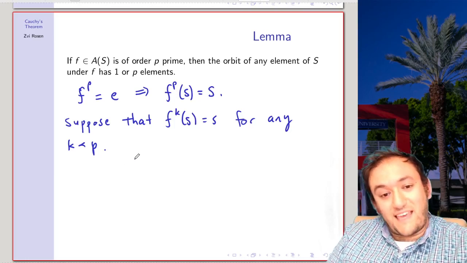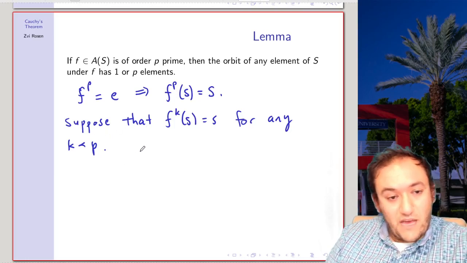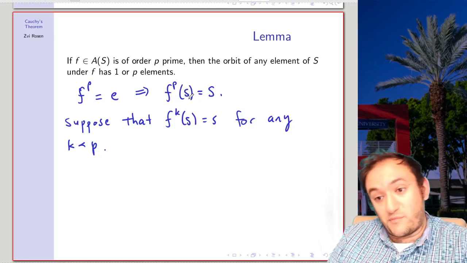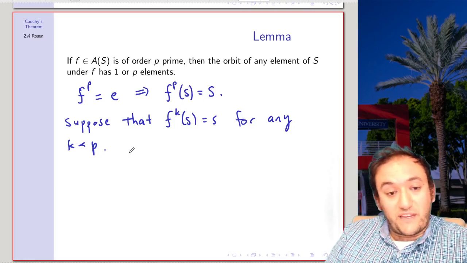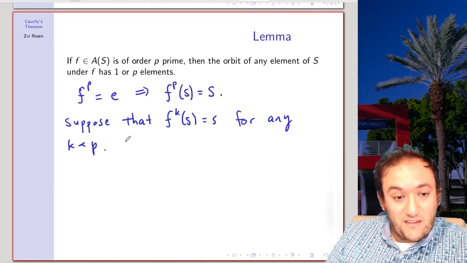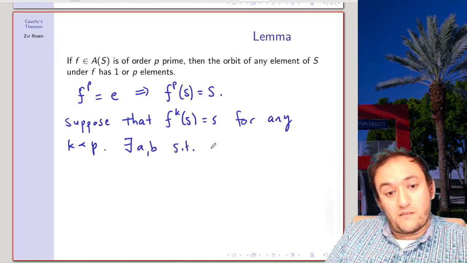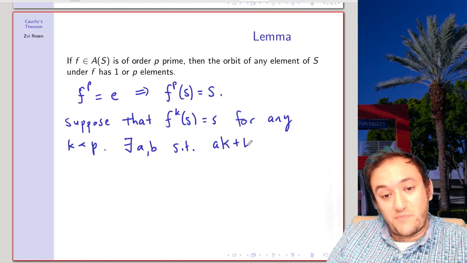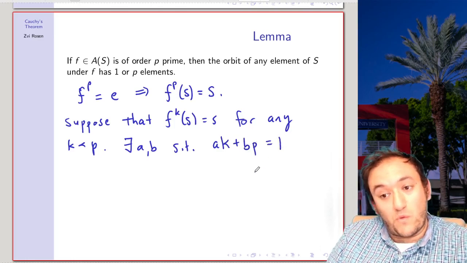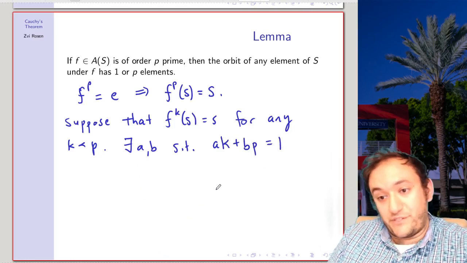Well, if that's the case, then because p is a prime number, we can always find a and b such that ak plus bp equals 1, okay, where a and b are integers.